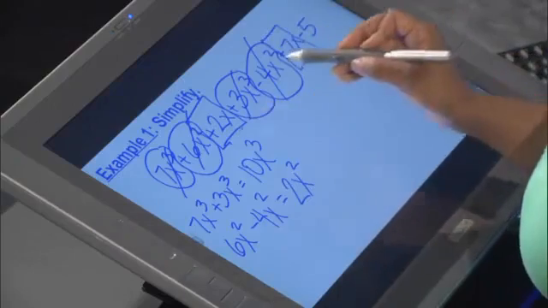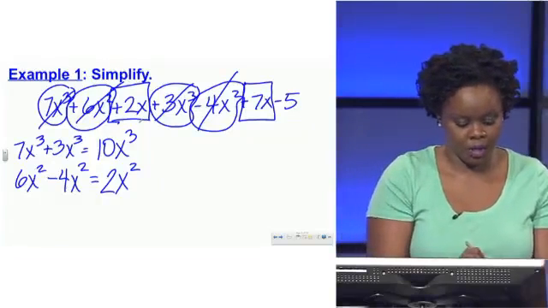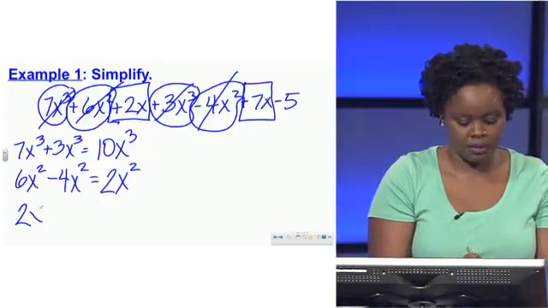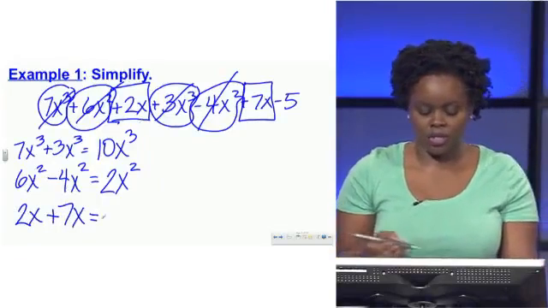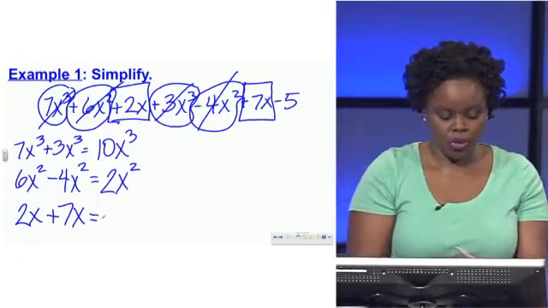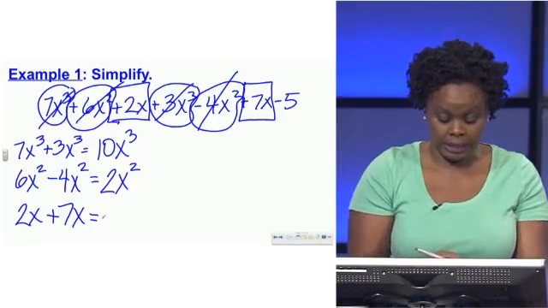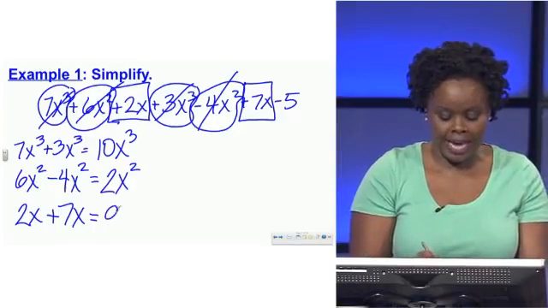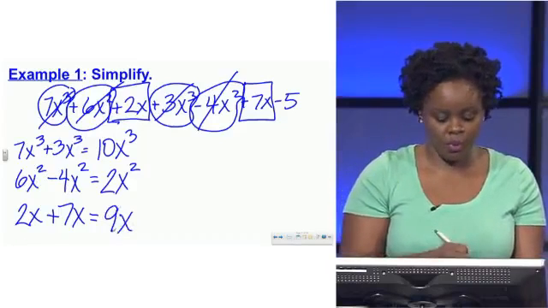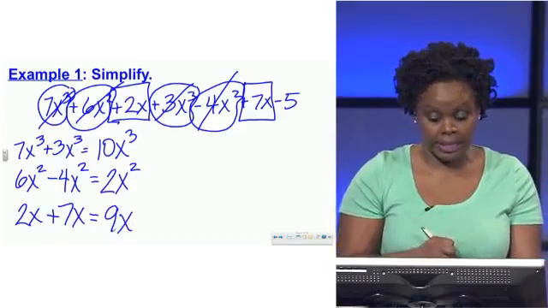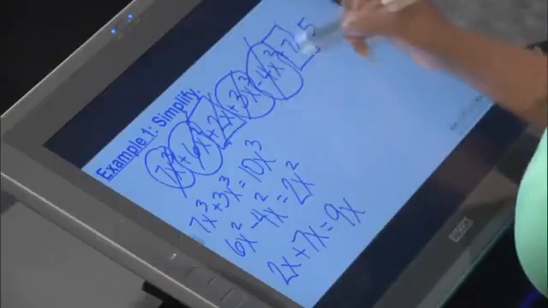So I'm going to combine those like terms together. So 2x plus 7x. Essentially I'm just combining like terms here. So 2 plus 7, that's 9. So this is 9x. So 2x plus 7x, that's 9x. That's taken care of.